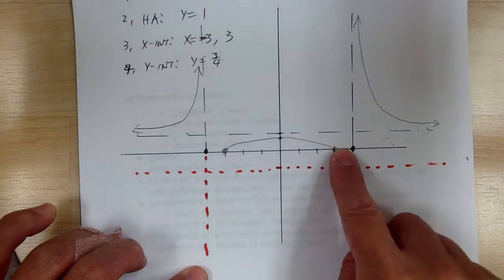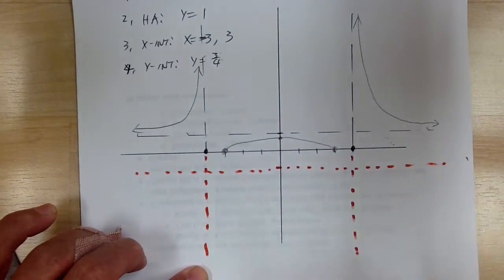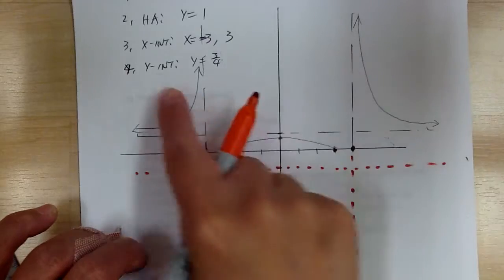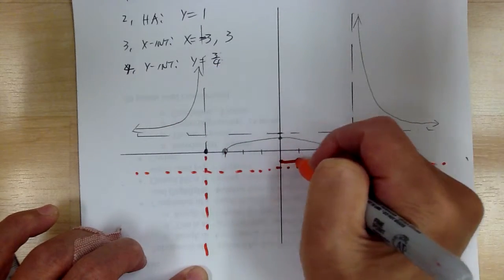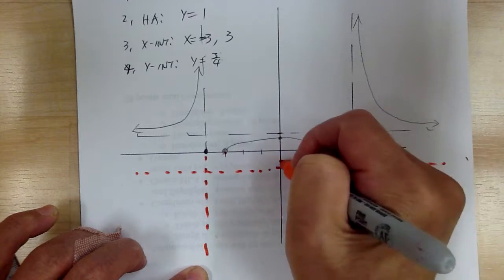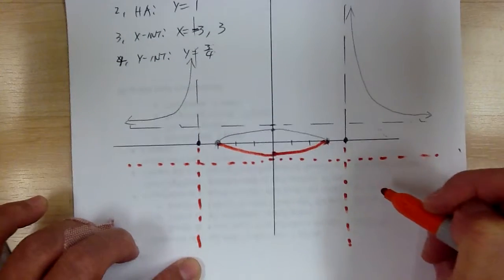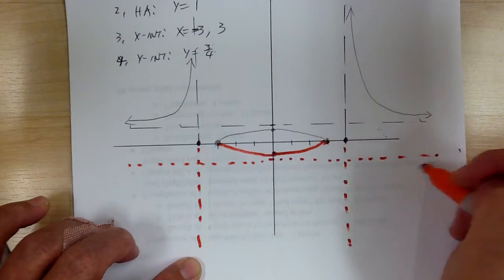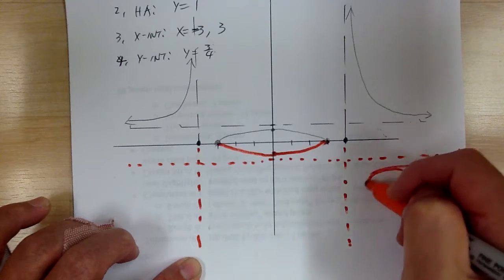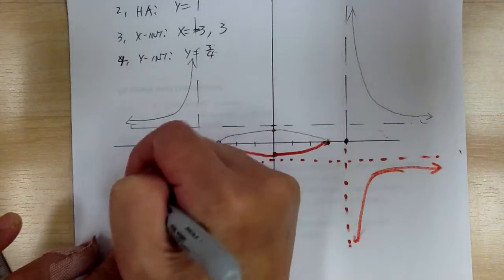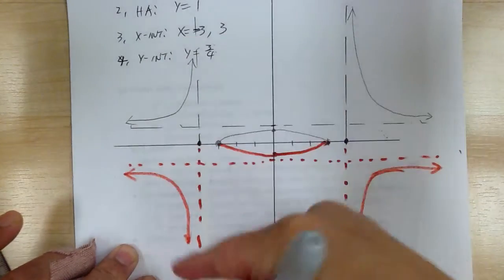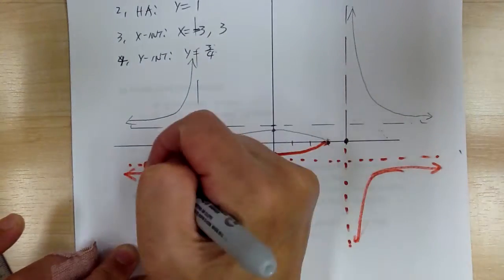If you flip it over, it's still there, on the same spot. And this one, when you flip it over, you get over here. So your graph is going to look like this. This one, when you flip it over, you're going to get something like this.